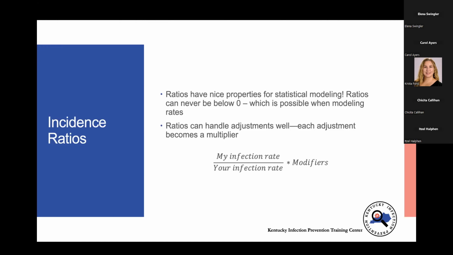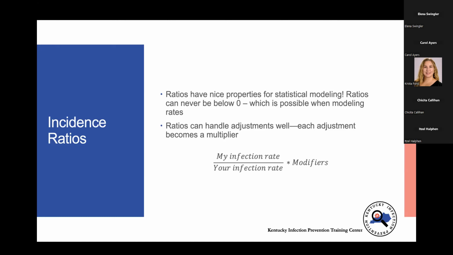Ratios have nice properties for modeling in the sense that they can never go below 0, meaning the problem that we had with normal incidence, we won't have here. And ratios can also handle adjustments well, so that each adjustment essentially becomes a multiplier. So if you have twice the number of beds or twice the number of patient days in an ICU compared to my facility, we can use that as a modifier and adjust for it.